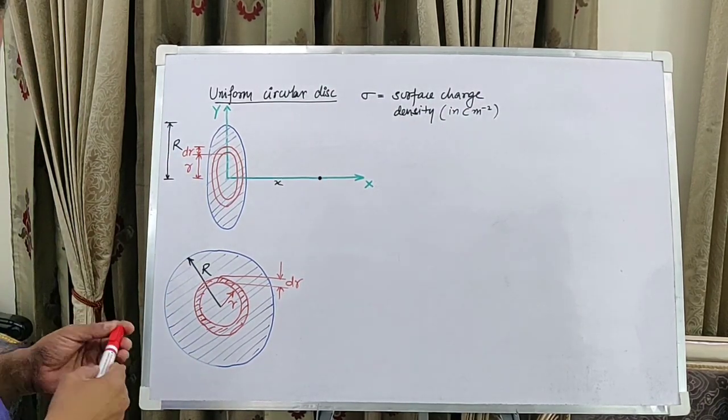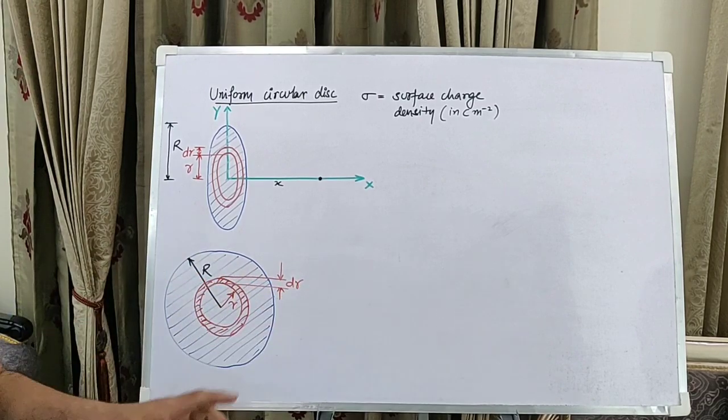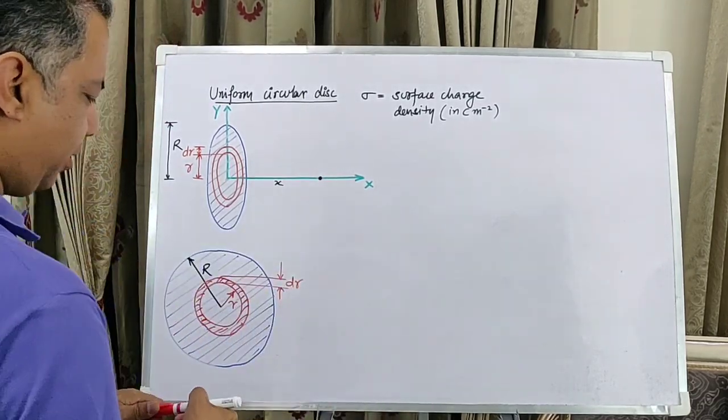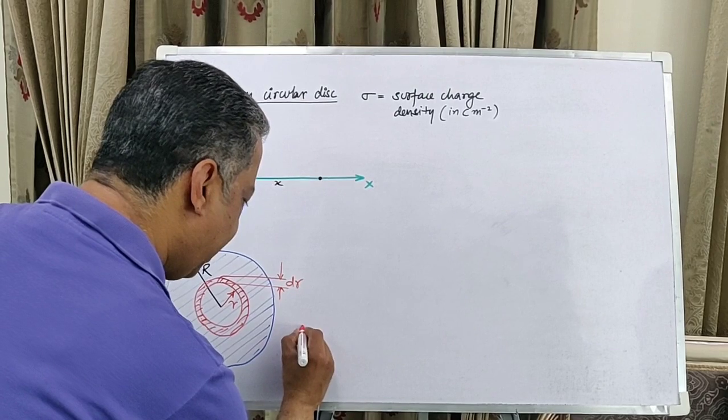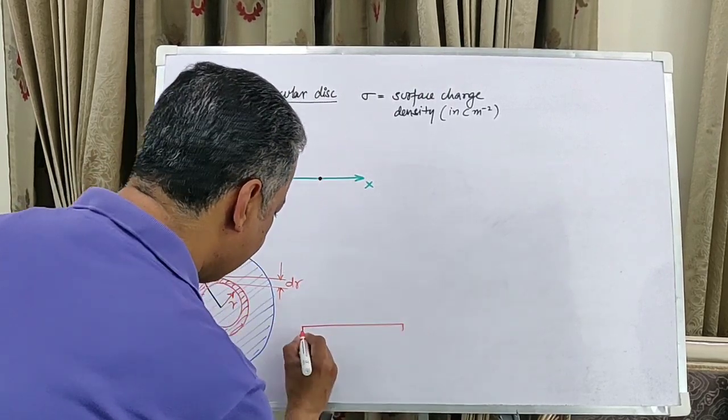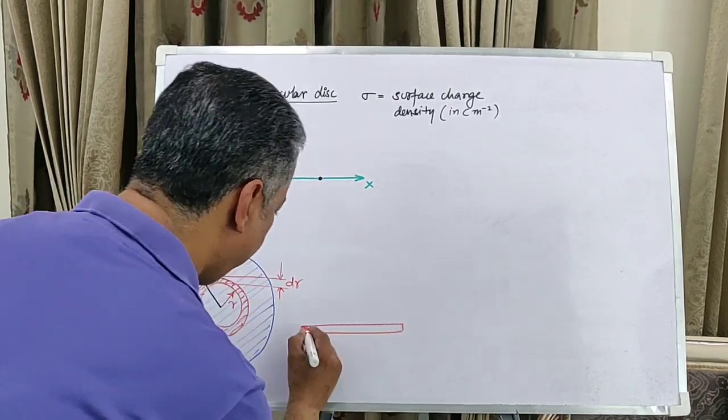Now let me take this ring element out of the disk and spread it straight, and the ring element then looks somewhat like this.